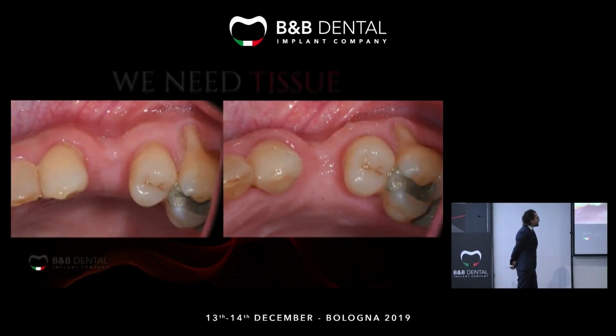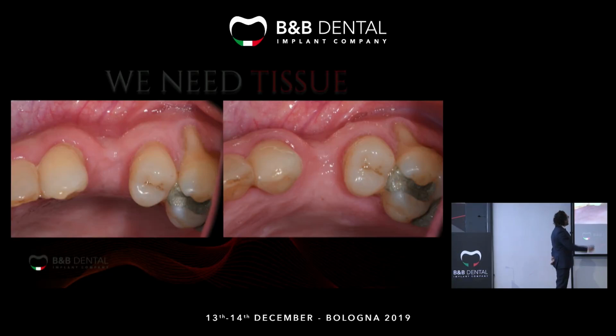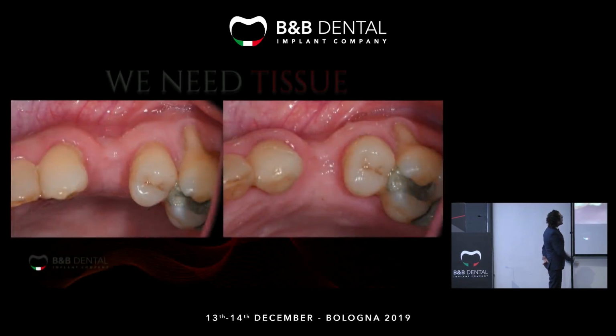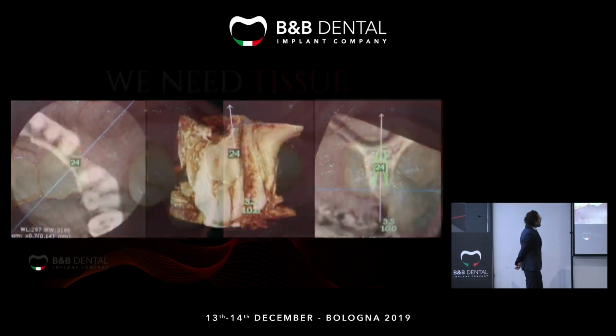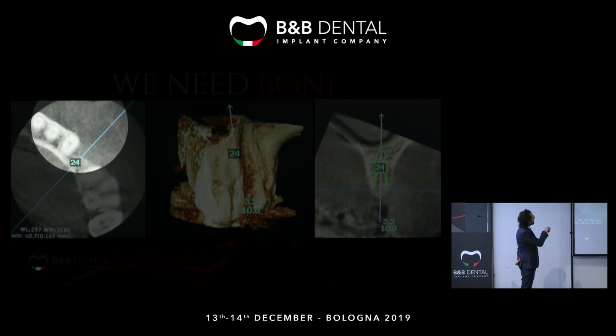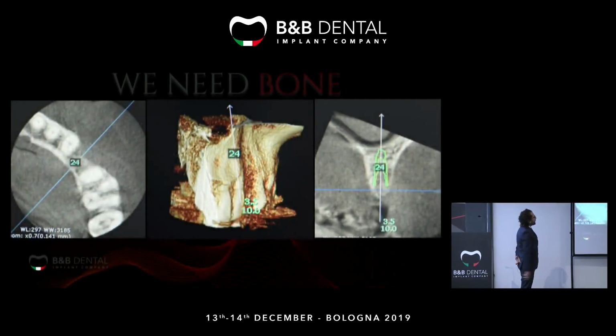But what if we have to start from this situation where we have this concavity on the buccal aspect of the soft tissues, and we want to restore our crown on implant? When we look at the CBCT, we can see the reason why we have that aspect. We missed all the buccal aspect of the bone.